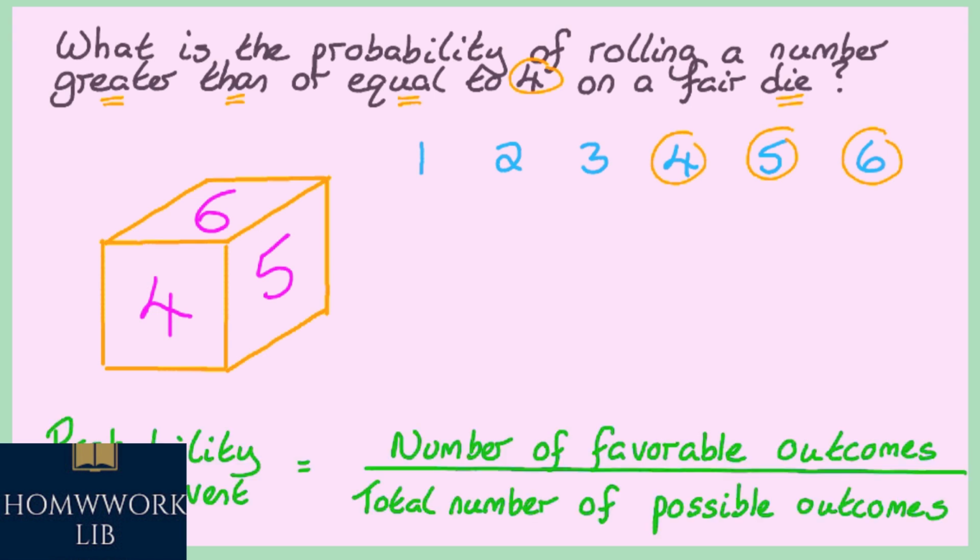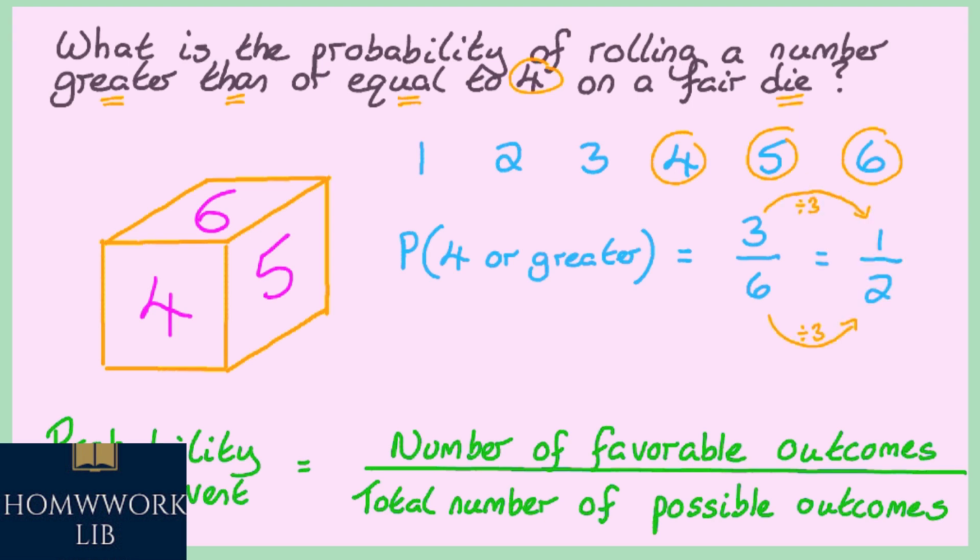We recall that we can write the probability of an event as a fraction, where the numerator is the number of favourable outcomes and the denominator the total number of possible outcomes. In this question, the probability of rolling a number greater than or equal to 4 is 3 out of 6, or 3/6.